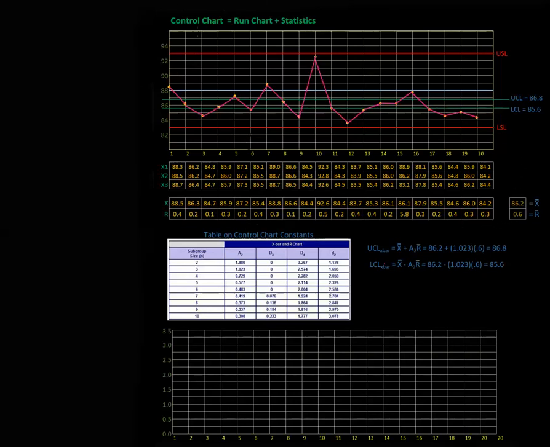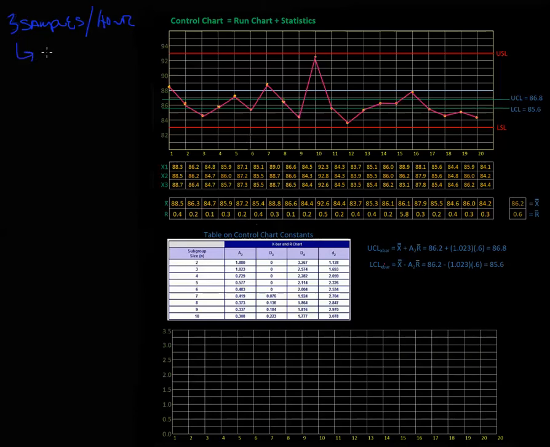So we have a control chart. We were talking about a heat treating process where we were drawing, let me adjust my pen size here, 3 samples per hour. And we call this a subgroup.